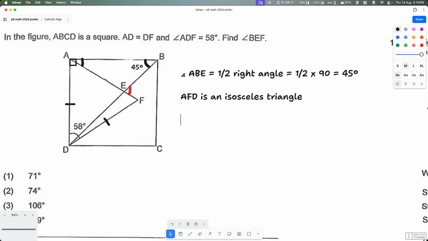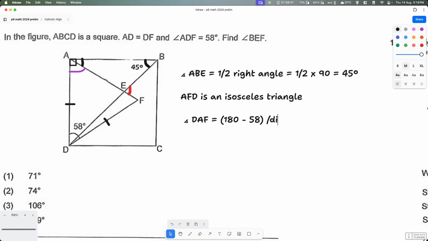Okay, so that means we can get this angle. Let me just put this over here. We can get this angle, right? So how do we get this angle? It is basically angle DAF. Angle DAF is equal to 180 minus 58, and then we divide by 2.